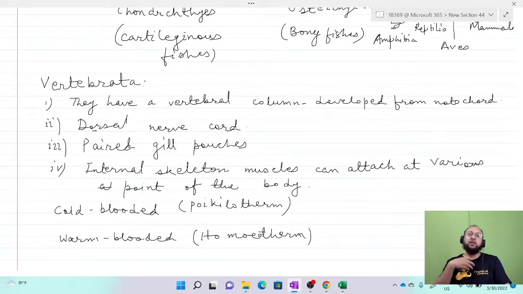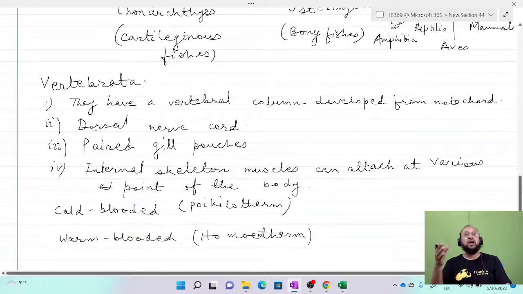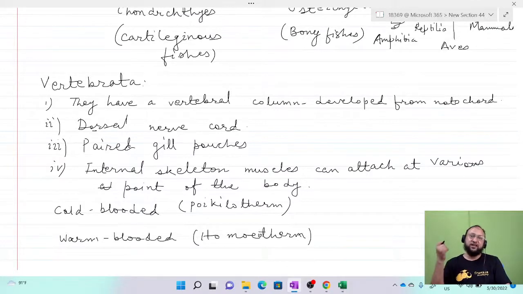So they are not able to maintain a constant body temperature on their own. It is observed in case of the mammalia and birds, class Aves. So class Aves and class Mammalia have the capability to maintain a constant body temperature, and they are not cold-blooded, they are warm-blooded, also called homeotherms.